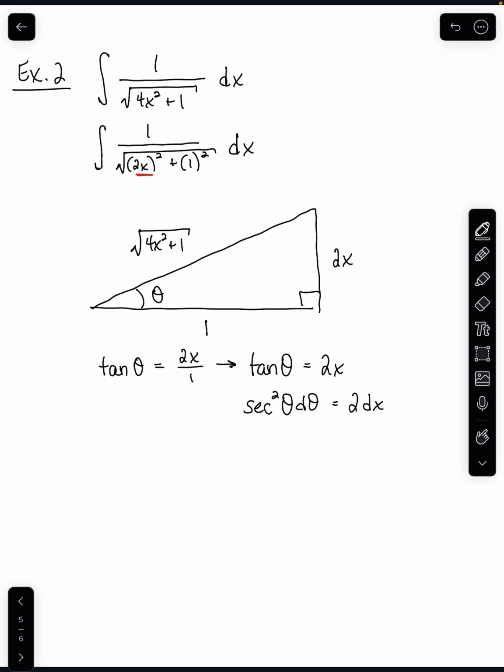Now there is no factor of 2 in the original integrand, so we will have to divide both sides by 2, thus giving 1/2 secant squared theta d theta is equal to dx. So our integral can now be rewritten in the denominator. Instead of 2x squared, we can replace the 2x with tangent theta squared.